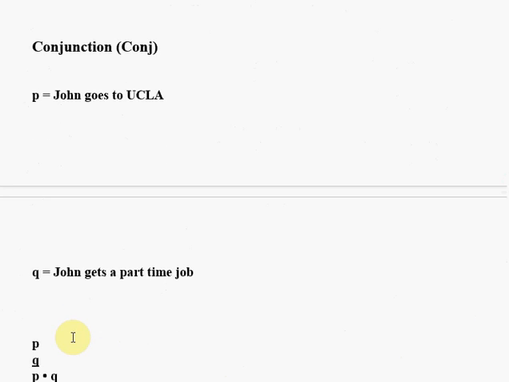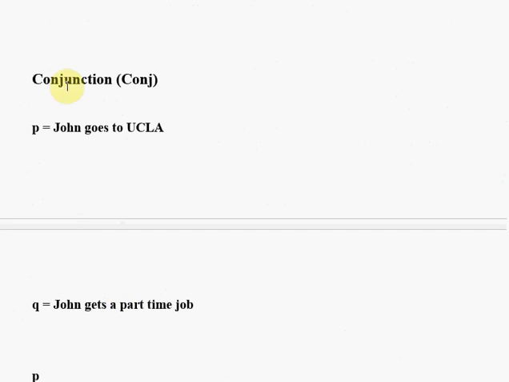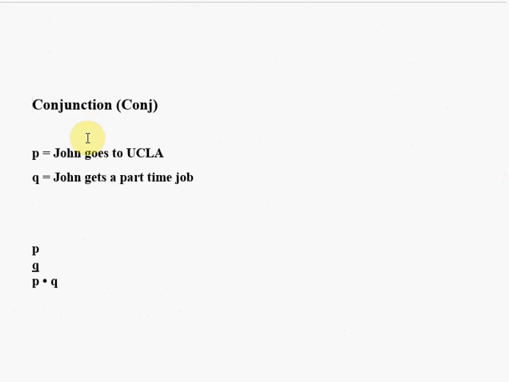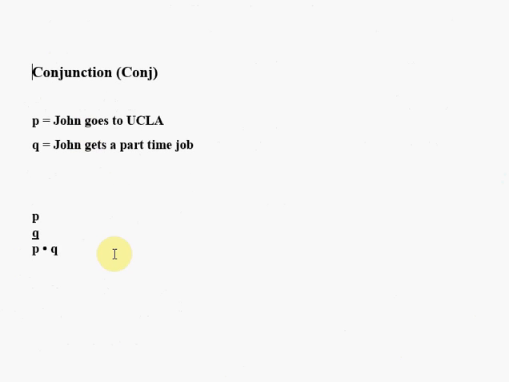Okay, so the next one is conjunction. Conjunction is a little bit more easy, and it's abbreviated CONJ. I have all the abbreviations here in the parentheses.